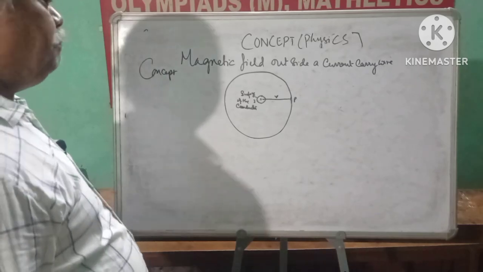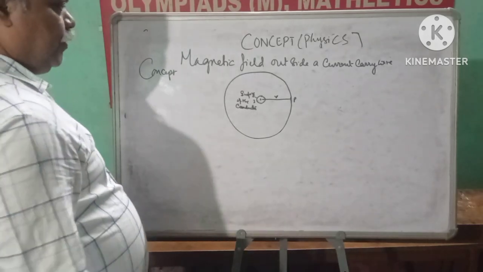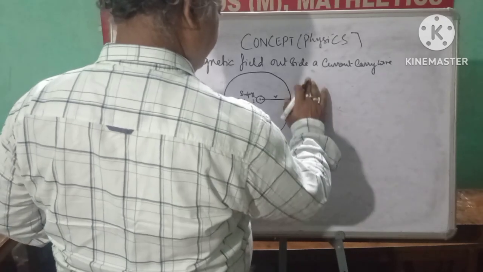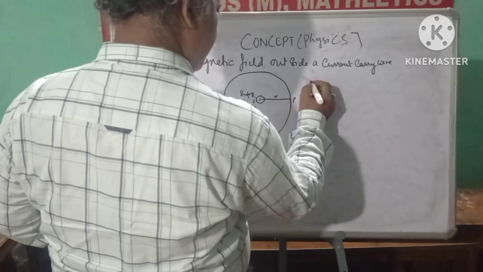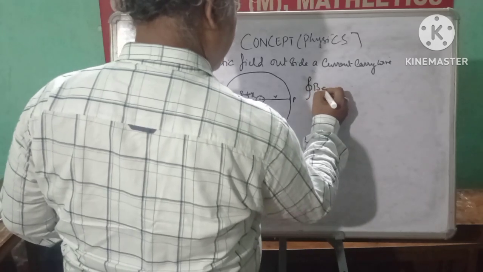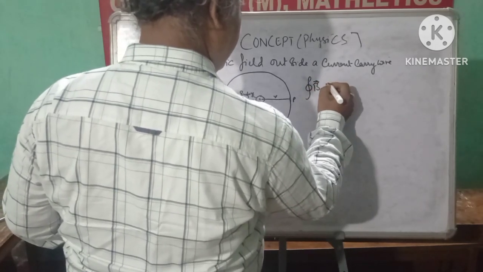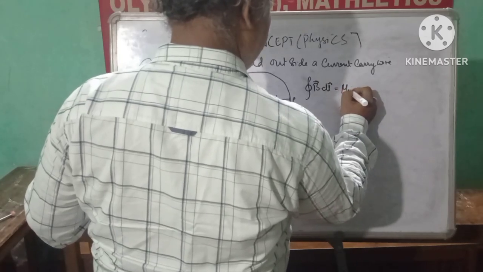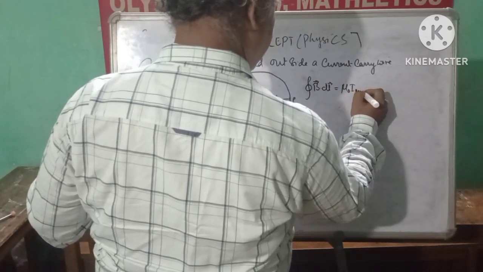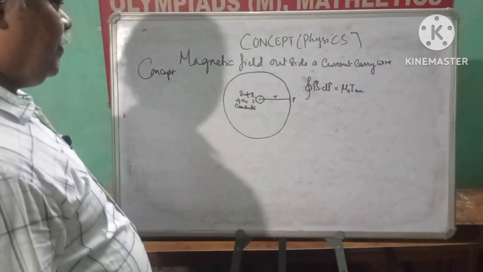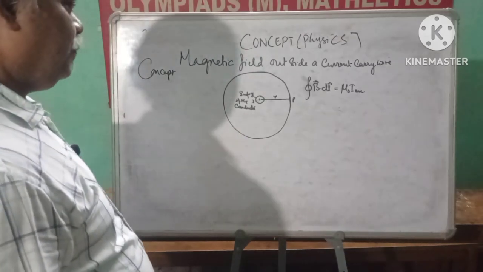From Ampere's circuital law we get that the cyclic integral of B dot dl is equal to mu naught I enclosed. So this is the theory, Ampere's circuital law.